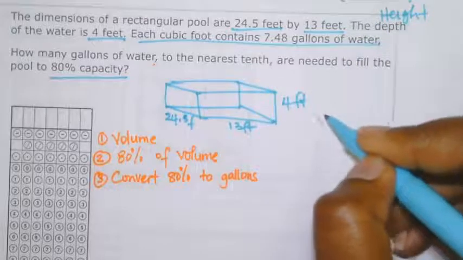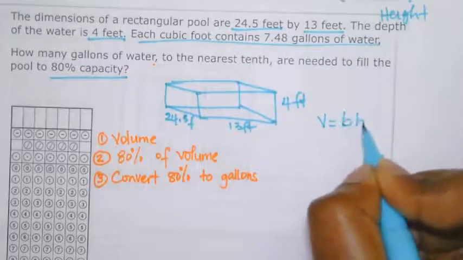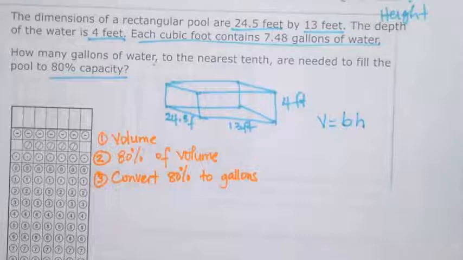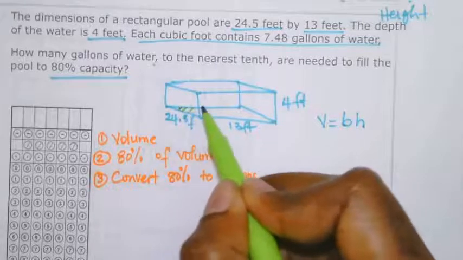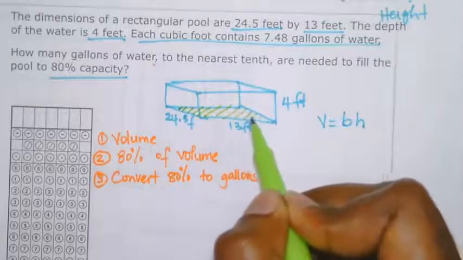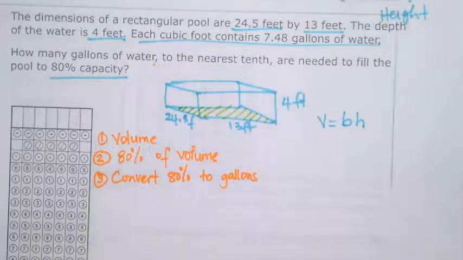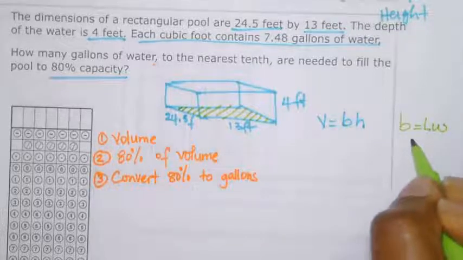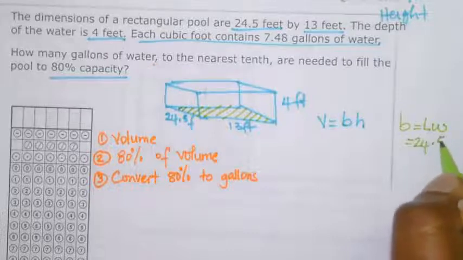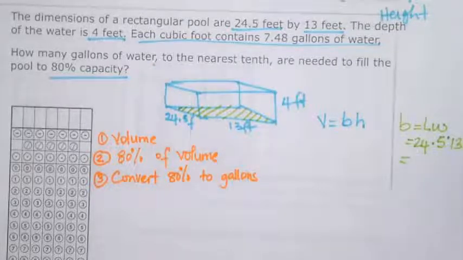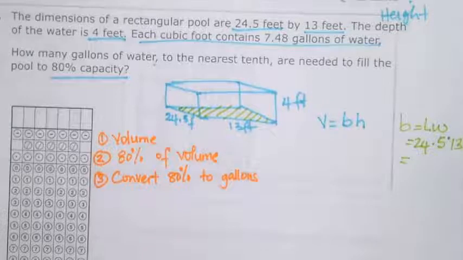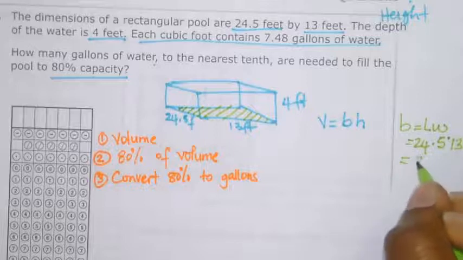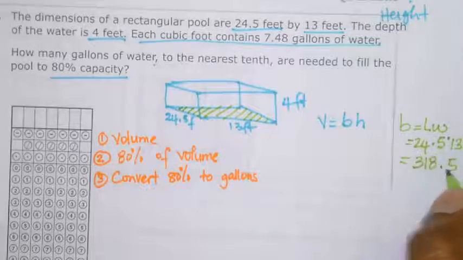So we're going to find the volume first. The volume is B times H. B here refers to the base area, and the base area is actually a rectangle. So to find B, it's length times width, which is 24.5 times 13, which gives us 318.5.